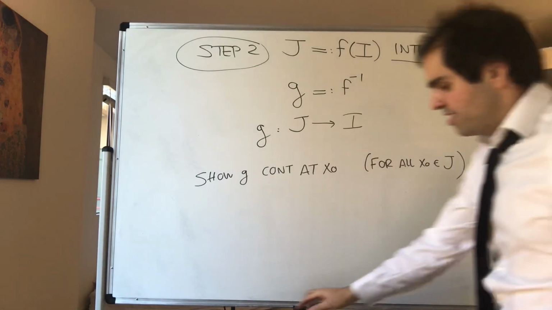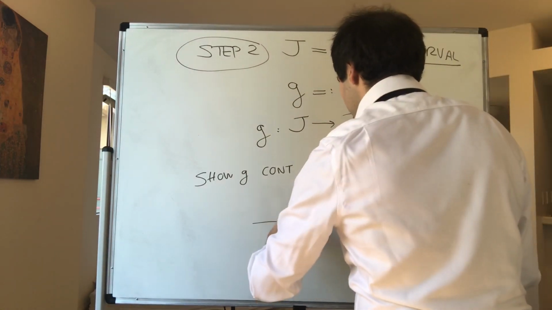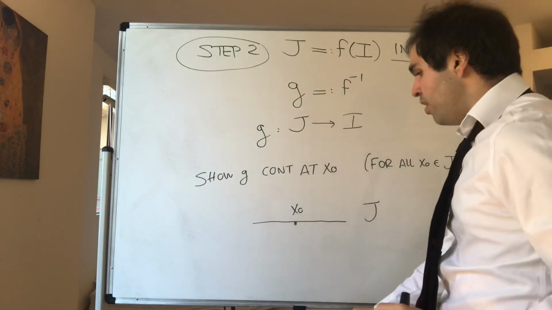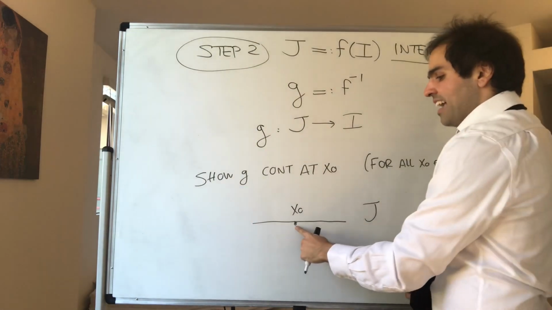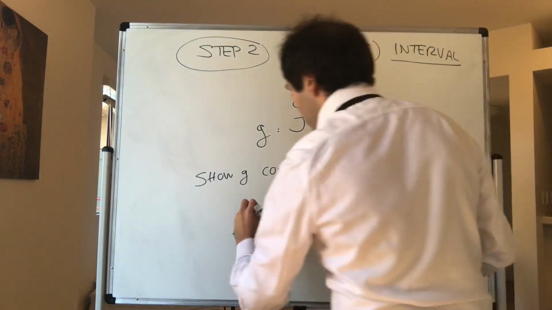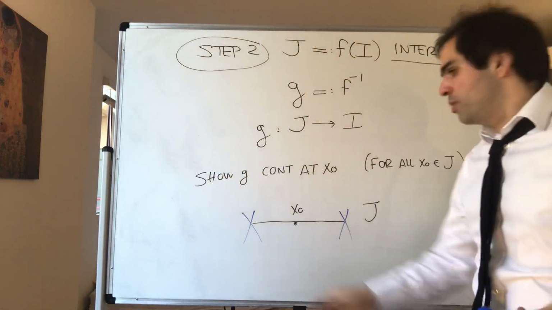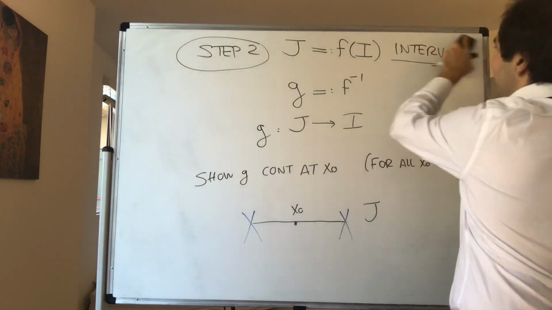Alright, now, x naught is a point in that interval J. So this is J, this is x naught, and without loss of generality, we can assume that x naught is not one of the endpoints, because otherwise you just repeat the proof, and it's very similar if it's an endpoint.